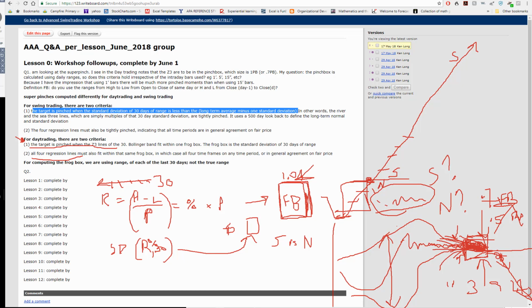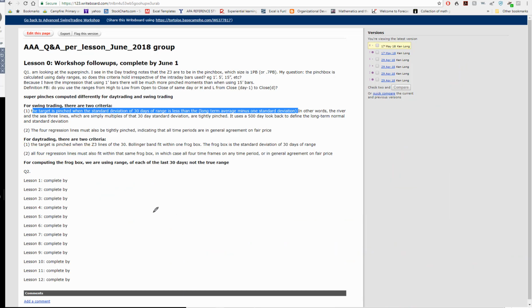All right. So on the initial breakout, what we've got is this. Here's the one, and I'm just going to use the 1.0 frog box, and we're going to say the Z3 lines have compressed into here. And now we're going to play a breakout in either direction.